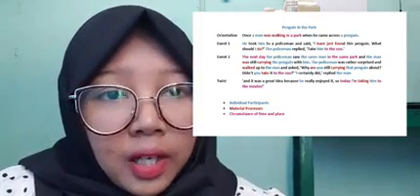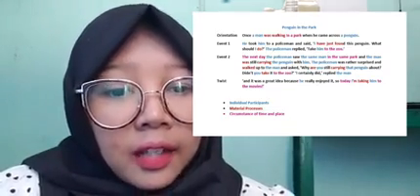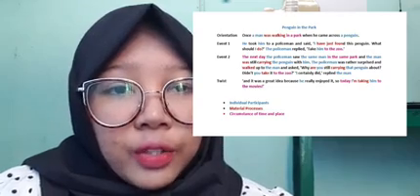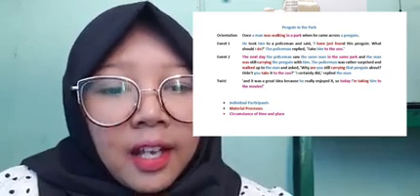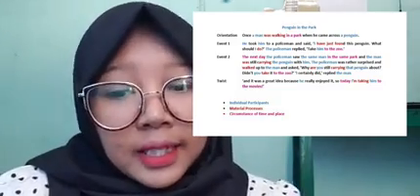And also this text focuses on individual participants and uses material process, and also focuses on circumstance of time and place. Okay, so I put the blue color for individual participant, and red color for material process, and pink for circumstance of time and place.